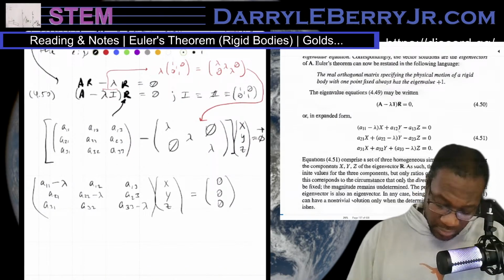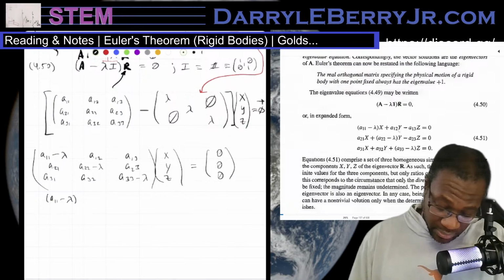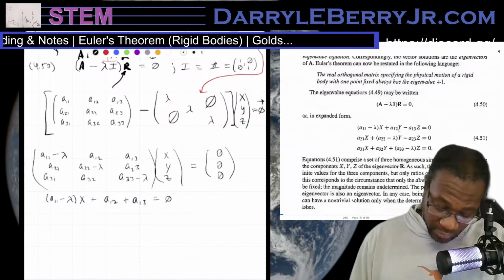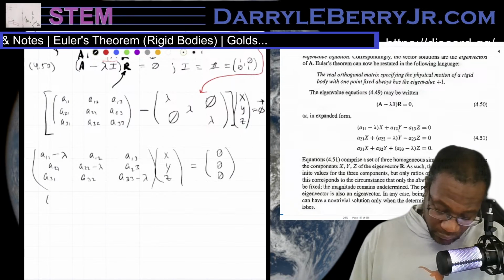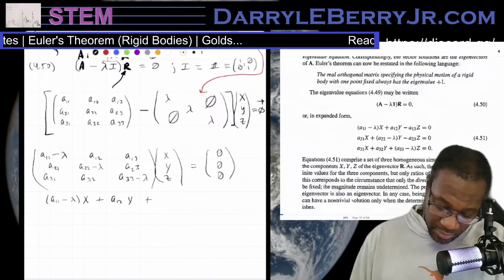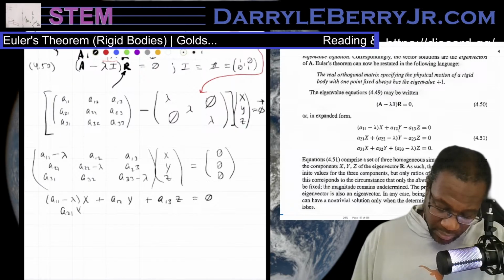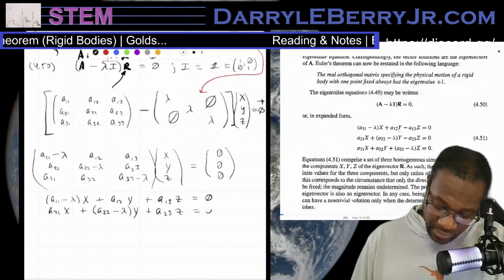Then I'm going to distribute that. So we have (a11 minus lambda)x plus a12y plus a13z equals 0. a21x plus (a22 minus lambda)y plus a23z equals 0.